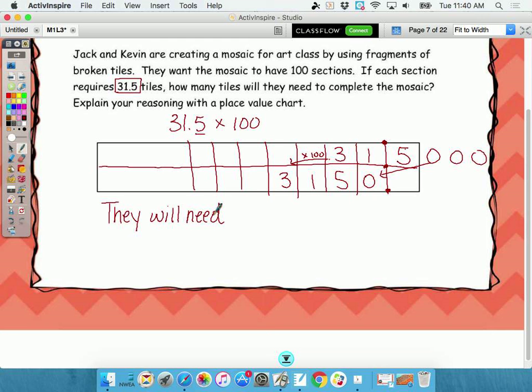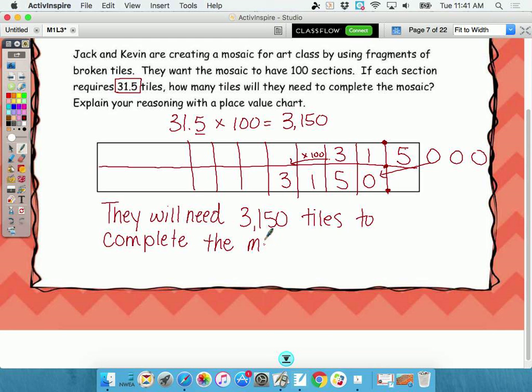What will they need, boys and girls? 3,150 tiles. Help me finish this sentence. To complete, I'm going to copy the word complete right out of my problem. The mosaic. Good.